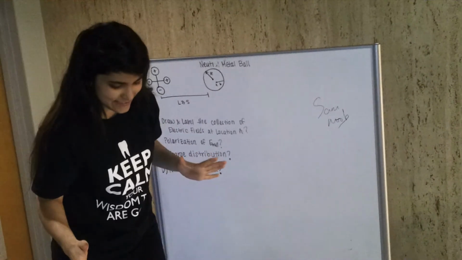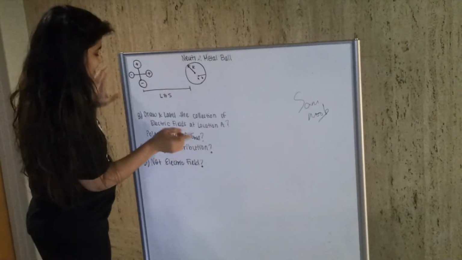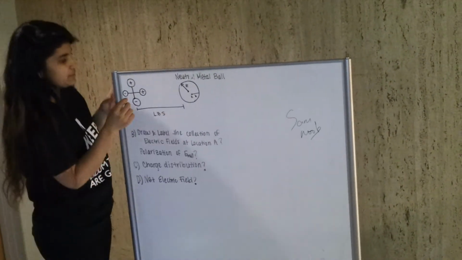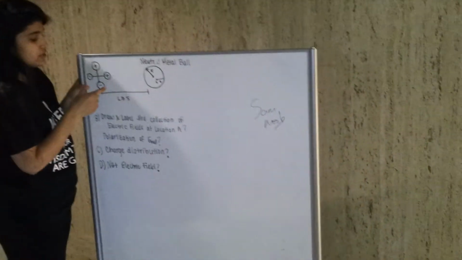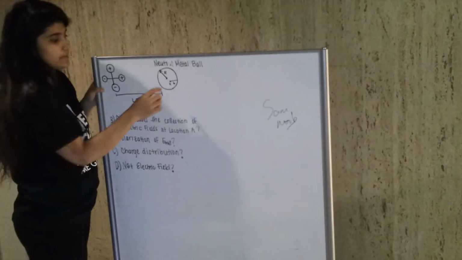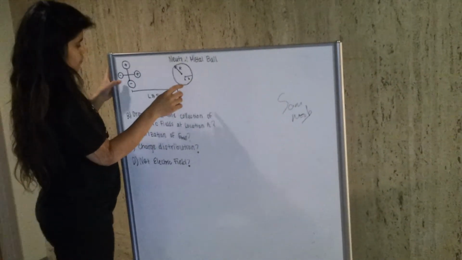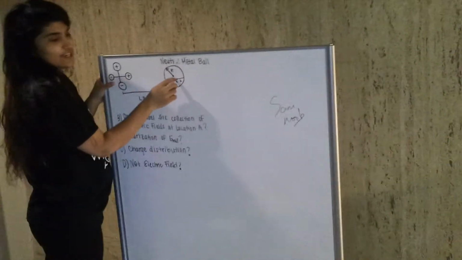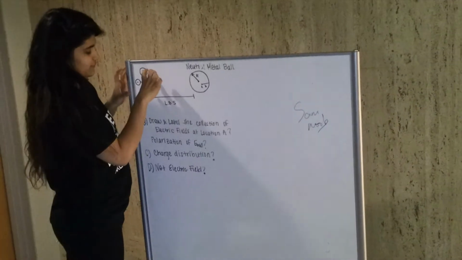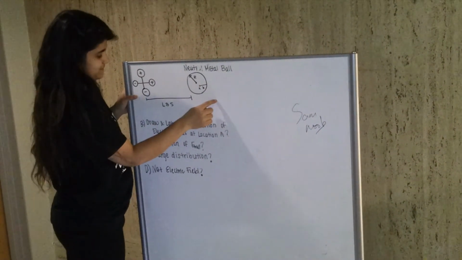For this part, you're supposed to draw the electric field at location A, and the way you would draw it would be an electric field due to the perpendicular dipole as well as the electric field due to the parallel dipole. So the electric field due to the parallel dipole would point towards this direction, and the electric field due to the perpendicular dipole would go like this.